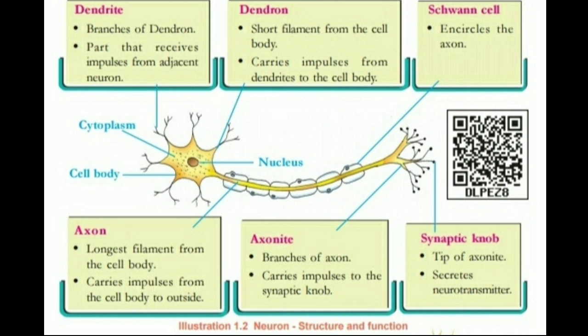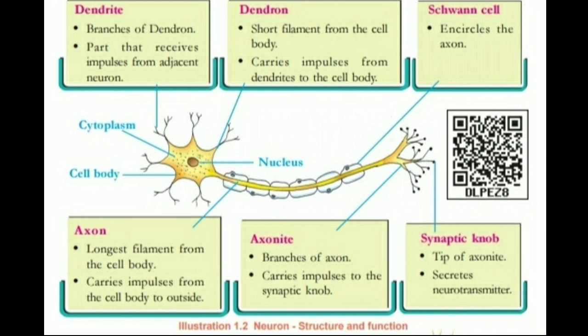The cell body consists of cytoplasm and nucleus. The impulses are transmitted to the axon, which is the longest filament of the cell body. Axon carries impulses from the cell body to the outside.